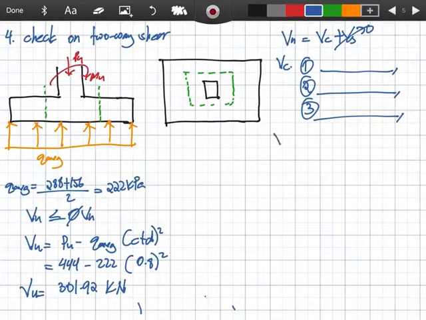Pero na-solve ko na siya, at ang Vc na makukuha ay 2162.03 kilo Newton. So, hindi ko sasabihin kung saang equation yan, pero yung pinakamaliit sa tatlong equation, yun yung mag-govern. So, 2,162 lang yun.